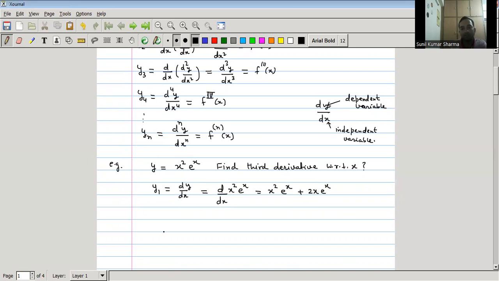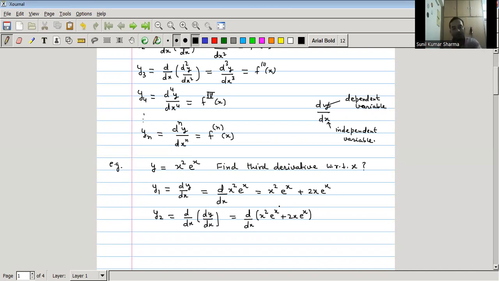So this is the first derivative of y with respect to x. So this is y1. Now y2, again we differentiate this, that is d by dx of dy over dx. And what is dy over dx? That is d by dx of x square e to the power x plus 2x e to the power x.